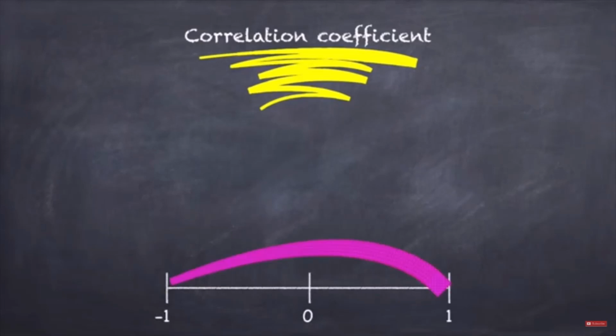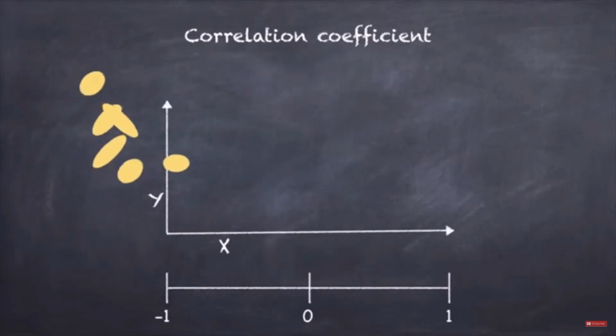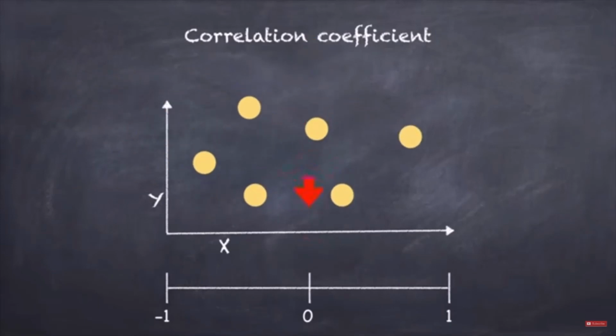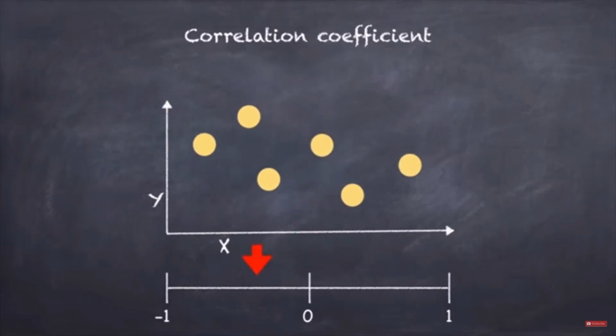Something you'd be familiar with, you've done before, is that when you're doing a correlation coefficient, you're looking for a relationship between two numeric variables.